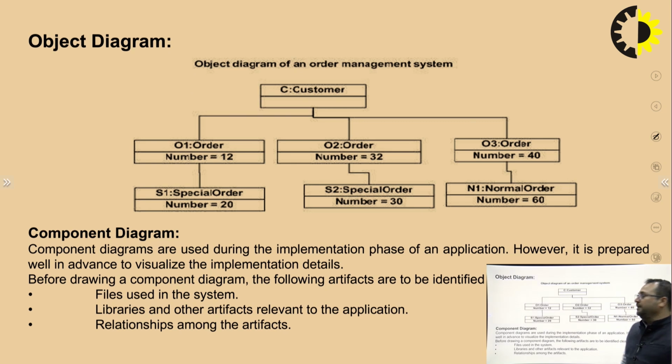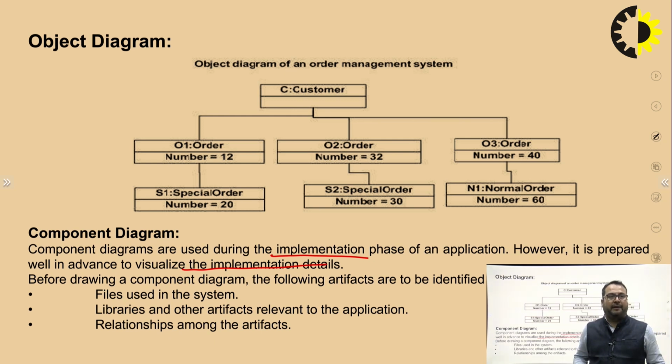Component diagrams are basically used during the implementation, meaning coding and all. So component diagrams are used during the implementation phase of an application. It is prepared well in advance to visualize the implementation details. So the component diagram needs to be additionally prepared.